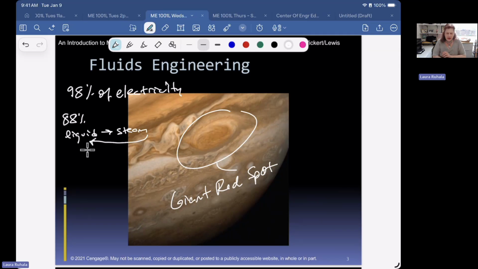This cycle of taking water from liquid to steam to liquid to steam, that's where we get 88% of our electricity. And so it involves the motion and the change of phase of this water. And then 7% is through hydroelectrics.